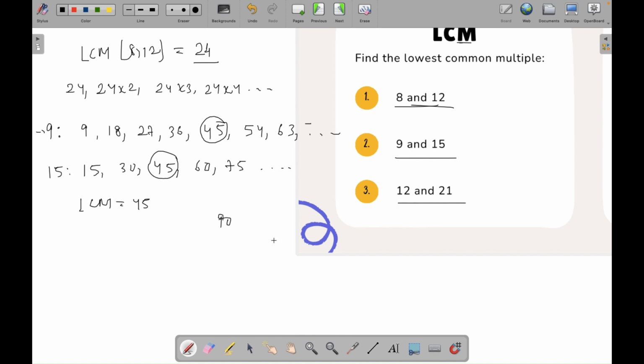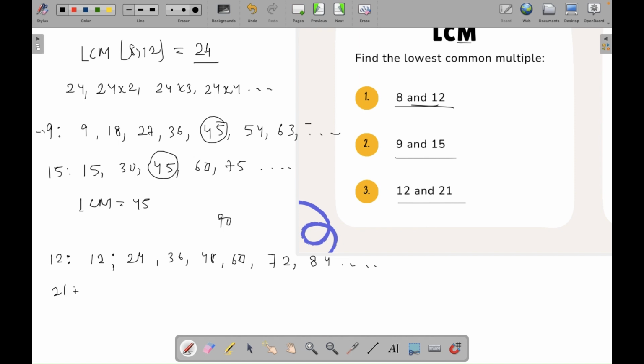Then we have 12 and 21. If I have to write 12, the multiples would be 12, then 24. So it will be 12, then 24, then 36, then 48, then 60, then 72, then 84, and so on.